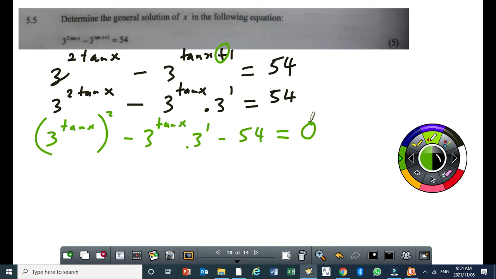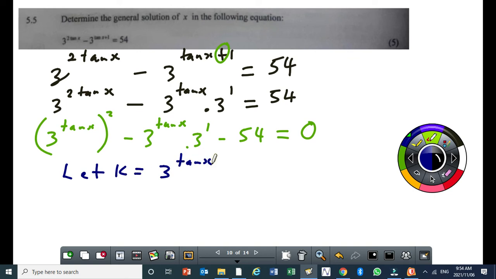So you end up having to create more like a quadratic equation, and you have to use the K method. You remember the K method, grade 11, term 1. So you say let K be equal to 3 to the power of tan x.